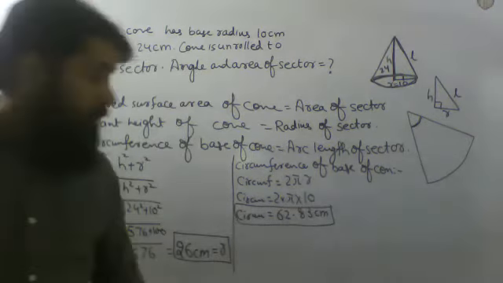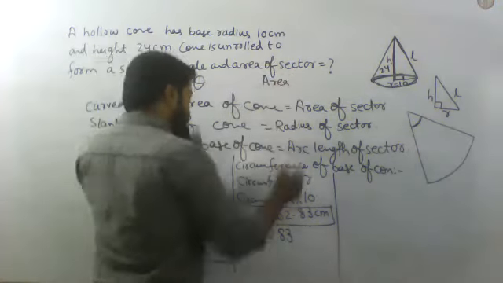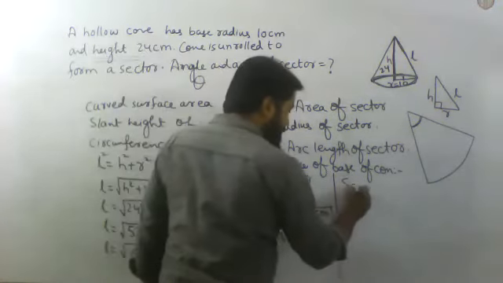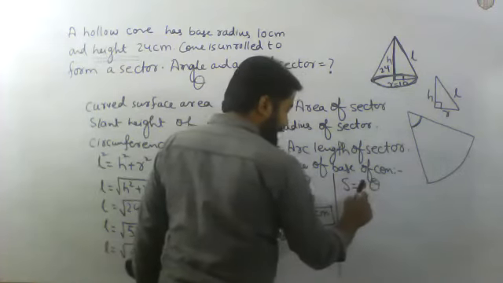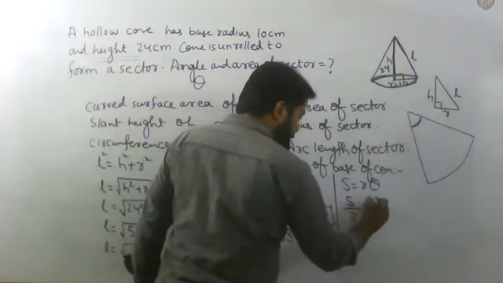It means this one is basically S equals to 62.83. Now, what have they asked for? They have asked for angle, that is theta, and they have asked for area. So first of all, for theta, S equals to R theta. I have to find the value of theta. So S over R equals to theta.